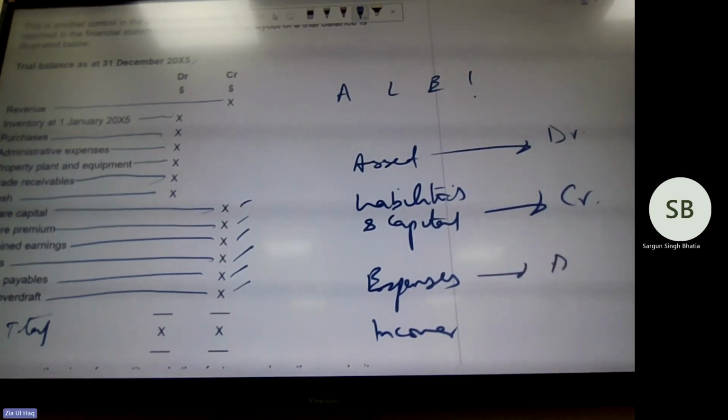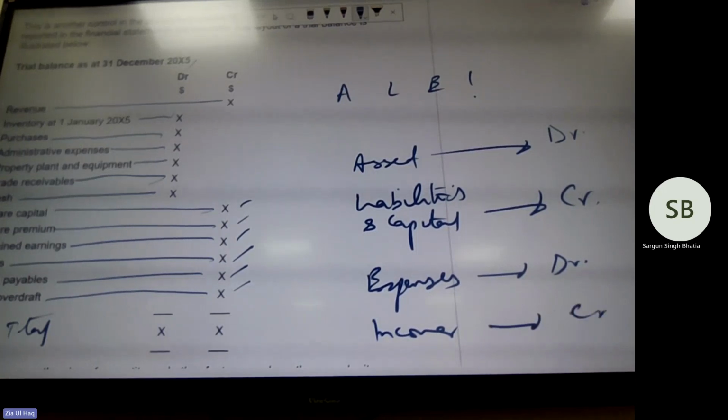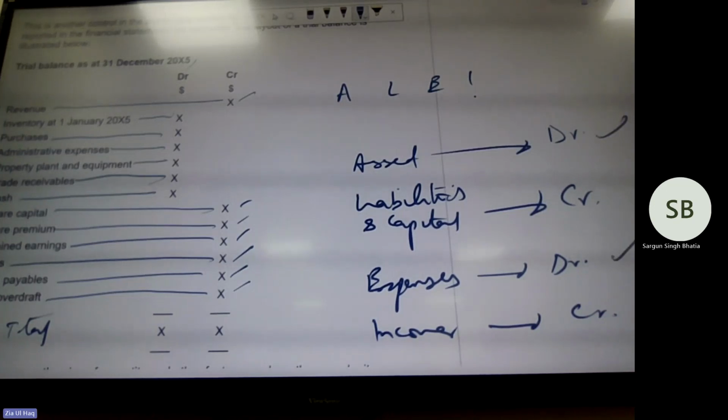Expenses have a debit nature, that's why they are recorded on the debit side. The expenses are purchases and admin expenses; inventory is an asset. Income has a credit nature, that's why its balance appears on the credit side. Revenue is income. So assets and expenses are of debit nature, liabilities and income are of credit nature.